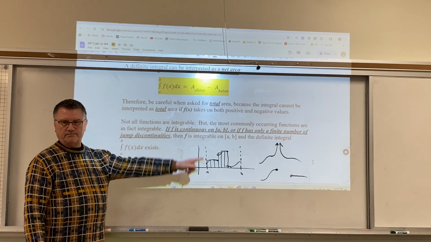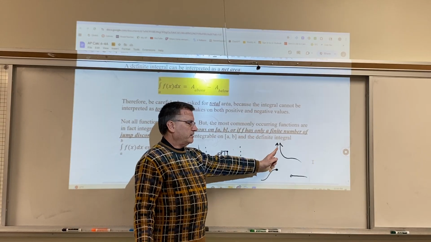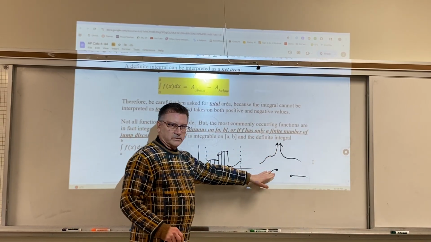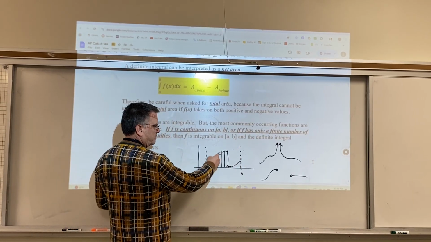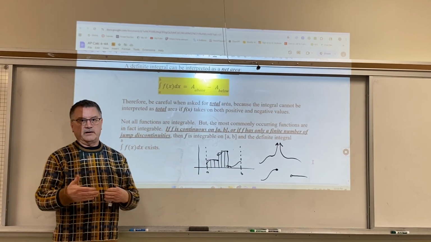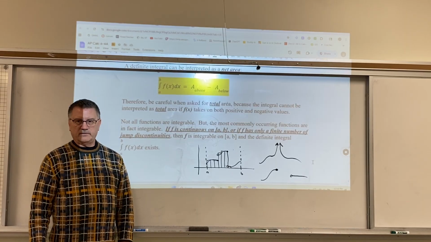I can't do those. Because there is going to be a gap here. There is going to be a gap here. Well, maybe we could do this if we do it separately. But as long as it's just jumping up or down, I can still do it. But you've got to have a finite number. I can't say it jumps up and down an infinite number of times.